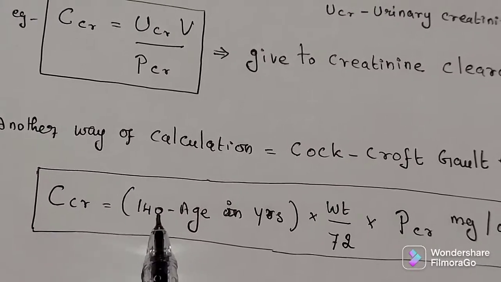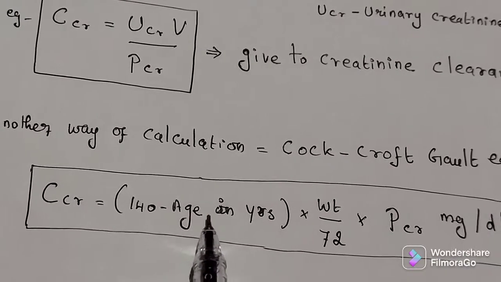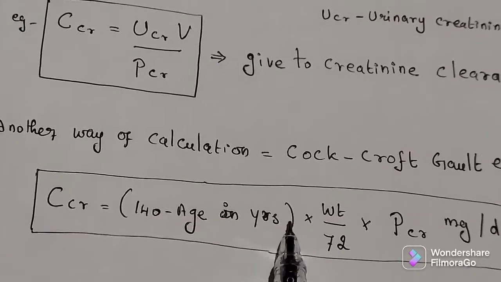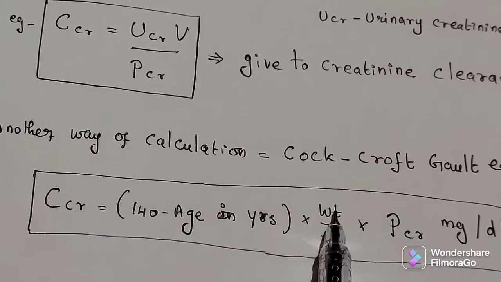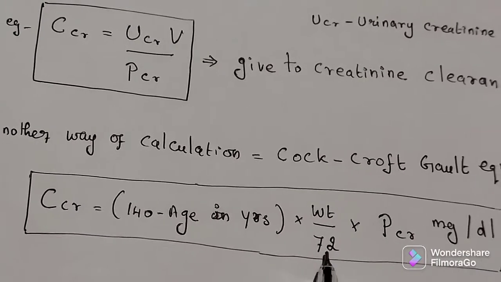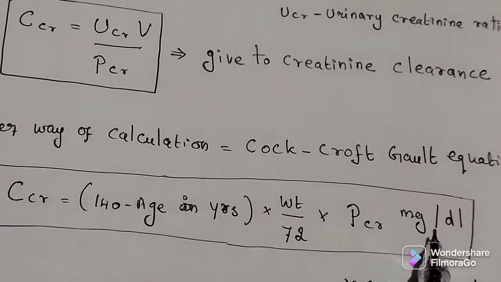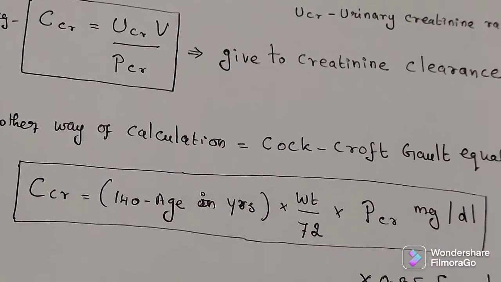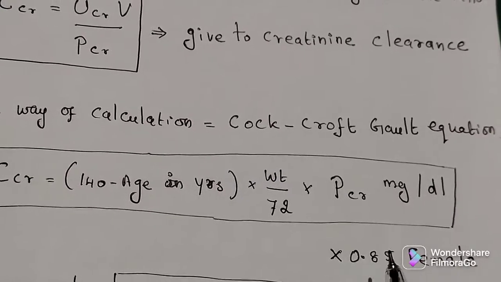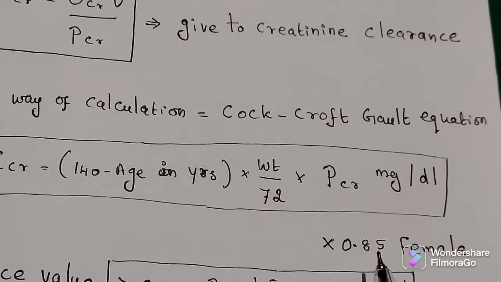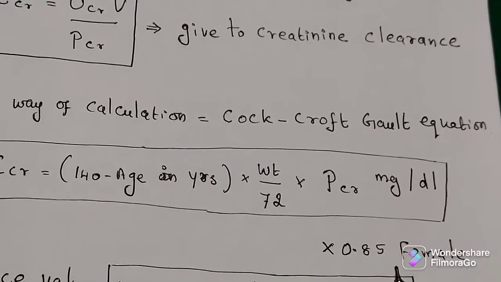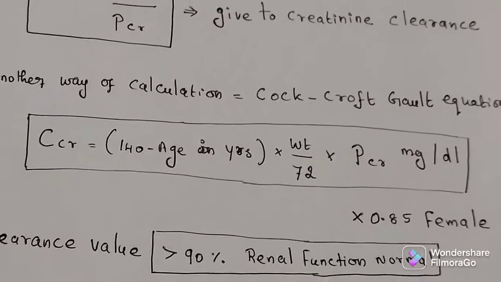CCr equal to 140 minus age in years, into weight in kg, divided by 72 into plasma creatinine in mg per deciliter. It is multiplied by 0.85 in case of females.